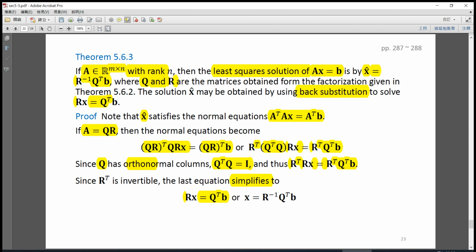We know that R is an upper triangular matrix, the values of Q transpose b are known, and x is the variable that we want to solve. And because R is upper triangular, we can use back substitution to obtain x, or we can compute the inverse of R and perform matrix multiplication to obtain x, and the proof is finished.